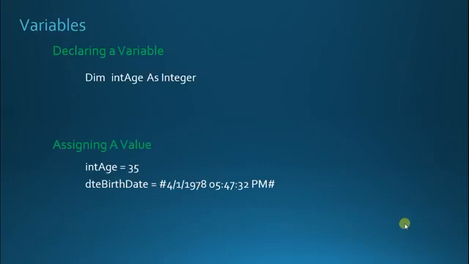When you're assigning a value to a date, just so that you're aware, if you do not include the time, then it's automatically assumed to be midnight of that date. And if you don't give it a date, but you just assign a time, then it's going to assume January 1st of the year 100 AD. That's basically the default values that Access is going to assign if you don't give it one.